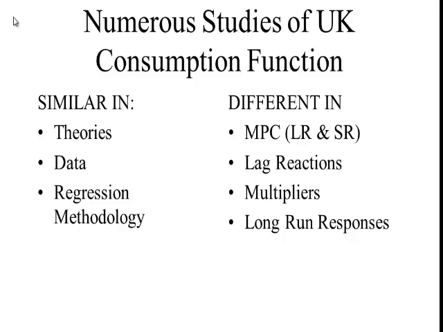Actually, Henry, after developing this, became advisor to the monetary authority in UK, and basically he developed the consumption function and the money demand function, and he would advise them on how to conduct monetary policy.